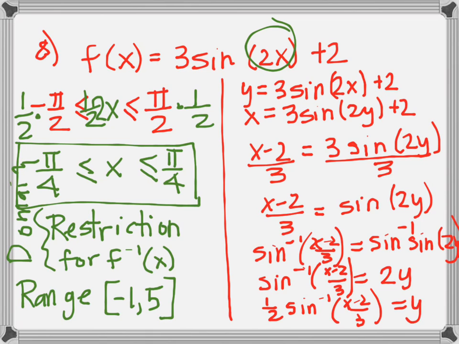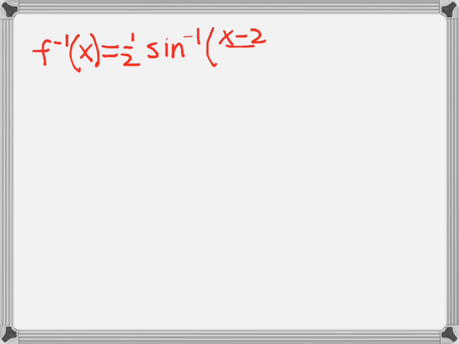Right. So it's a rewrite of y. I will not have y in the problem anymore. I will have f of negative 1 of x equals, and I moved it to the left at the same time, TJ, 1/2 inverse sine of (x minus 2 over 3).